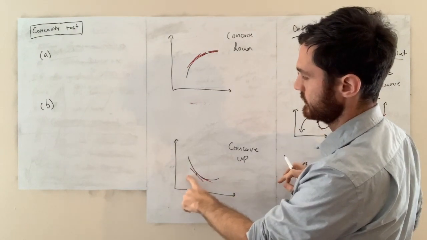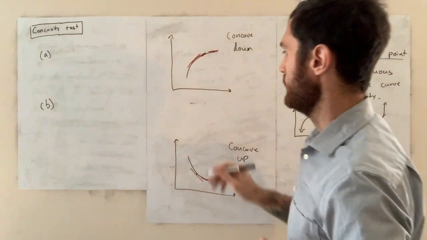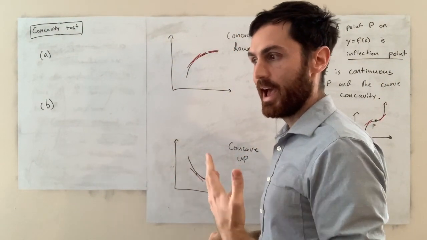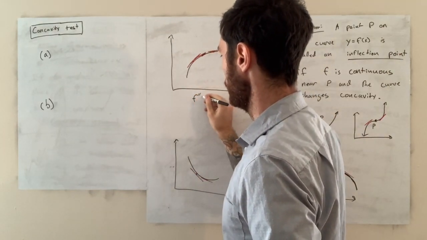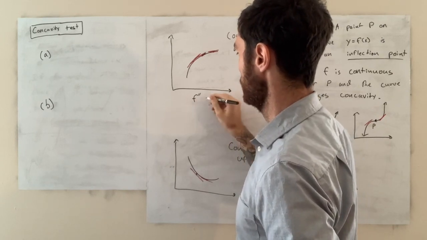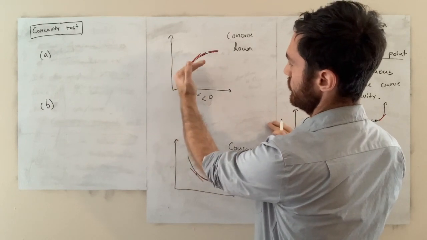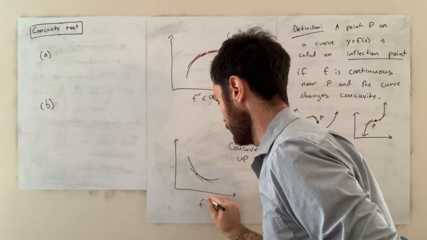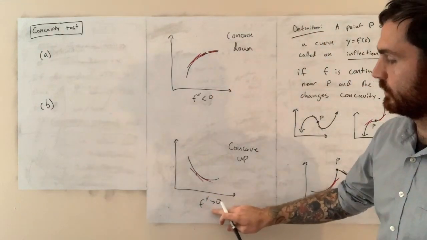So in this case, it's increasing. What you want to take away is that the second derivative, the derivative of the derivative, is decreasing in the first case because the derivative is getting smaller. And in this case, the derivative of the derivative is getting bigger.